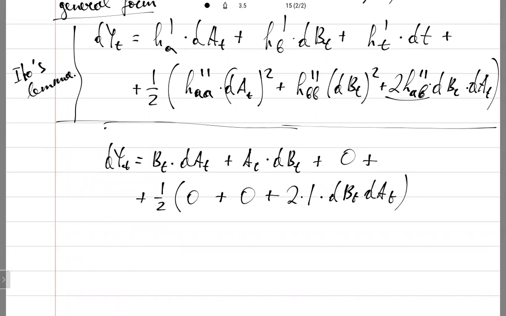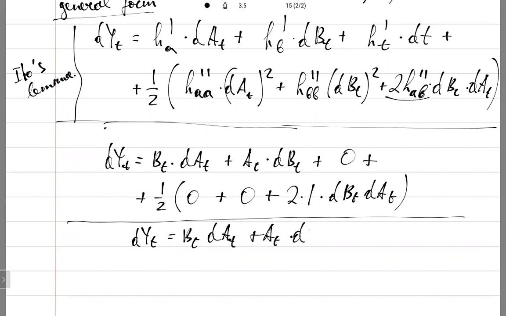So let's go on. We have dyt is bt dAt plus at dBt plus dBt dAt.